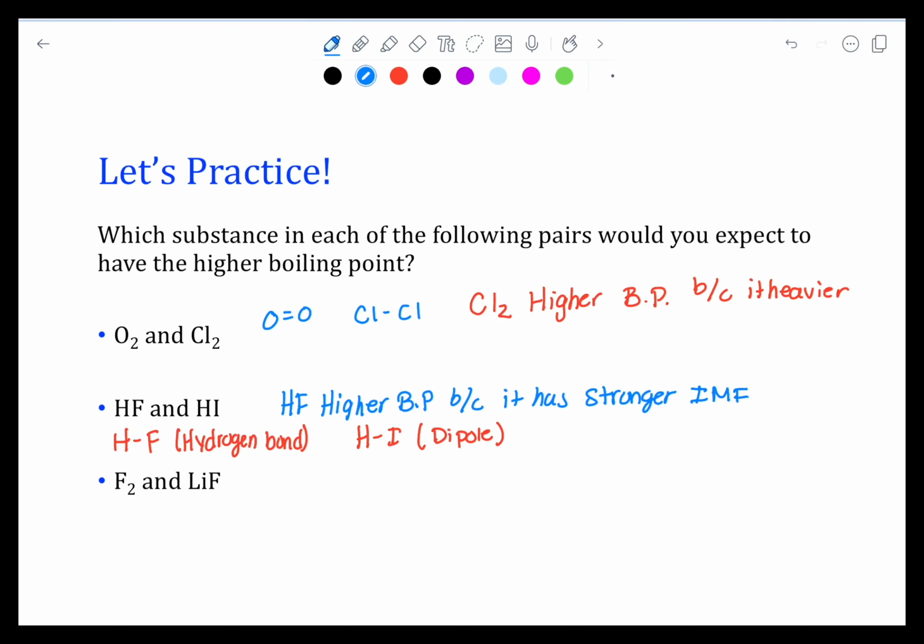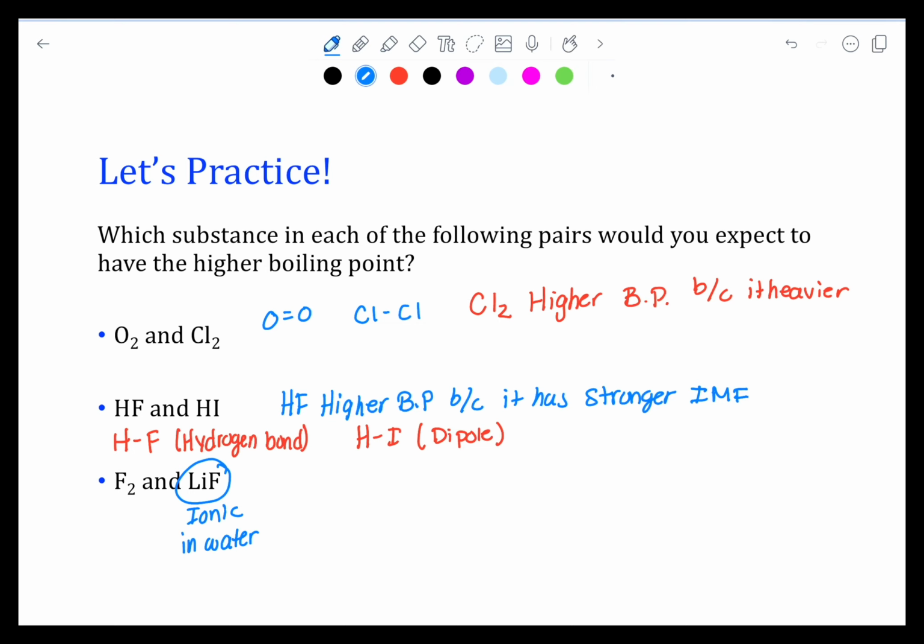Okay, then we have F2 and LiF. So this one takes a little bit of thinking involved because you have to remember that LiF is ionic. So if it's ionic and we're talking about boiling, that's going to be an ionic substance in water. If we're boiling something, for right now, for where we're at in chemistry, we're thinking of our solutions as being in water.